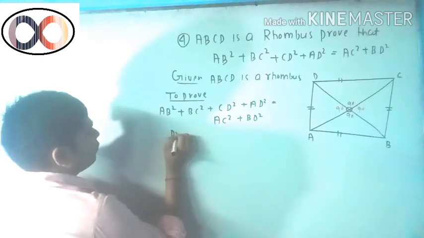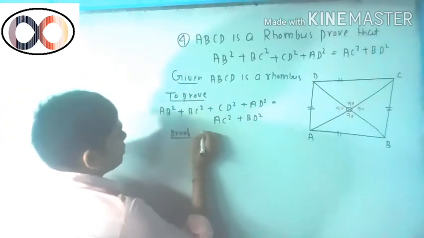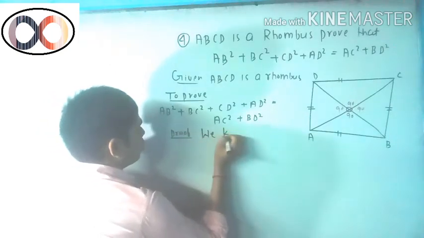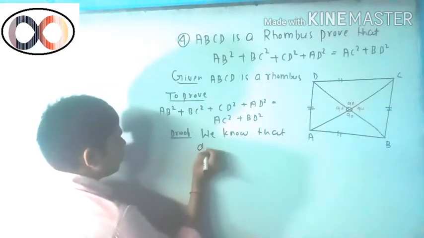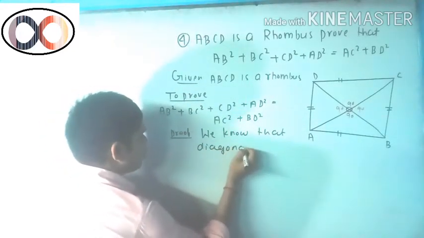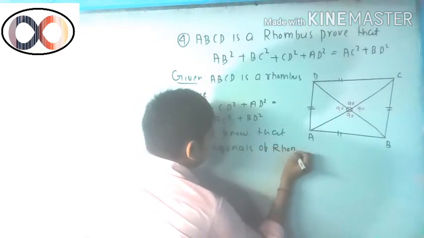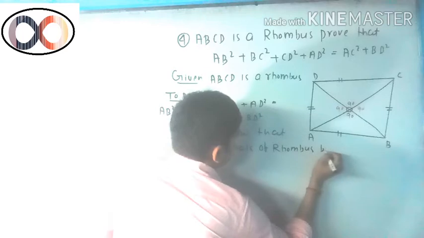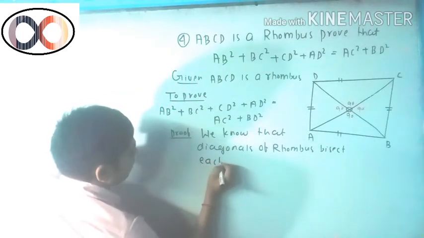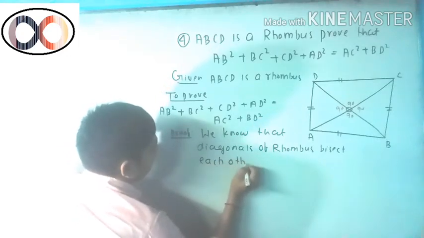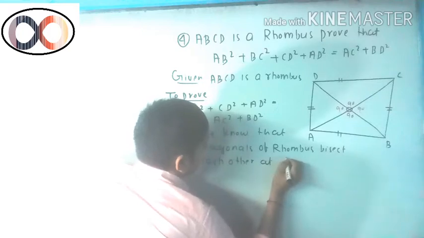We will apply the concept of Pythagoras theorem. We will have to write one statement. We know that diagonals of a rhombus bisect each other at right angle, at 90 degree.